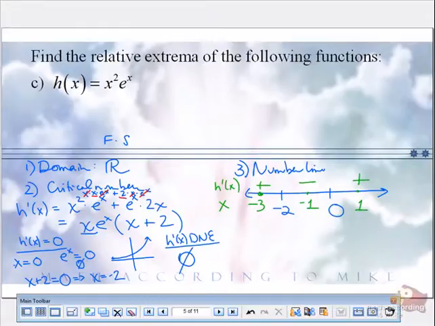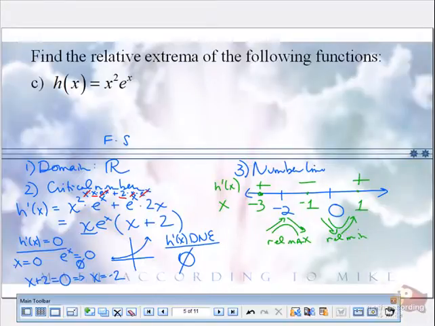Good. So around negative 2, we go from increase to decrease. So at negative 2, we have a relative max because negative 2 is in the domain. Very good. Around 0, we go from decrease to increase. So at 0, we have a relative min for the same reason. It's in the domain.